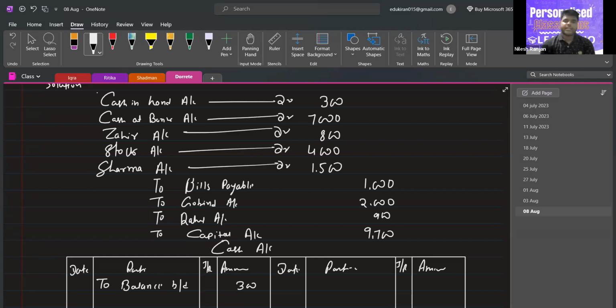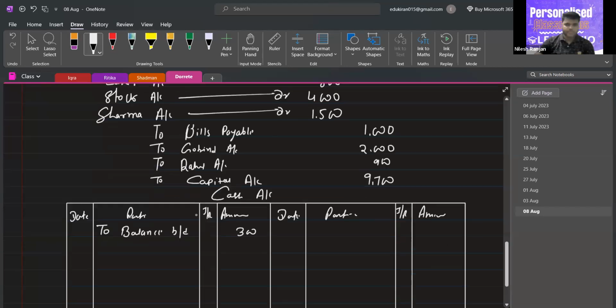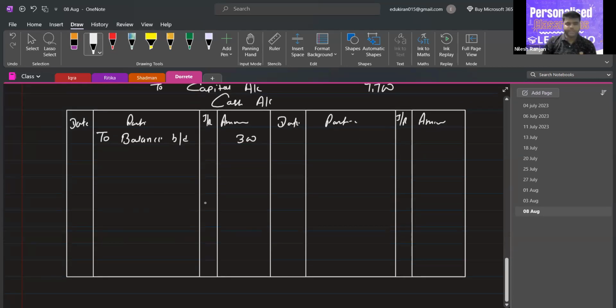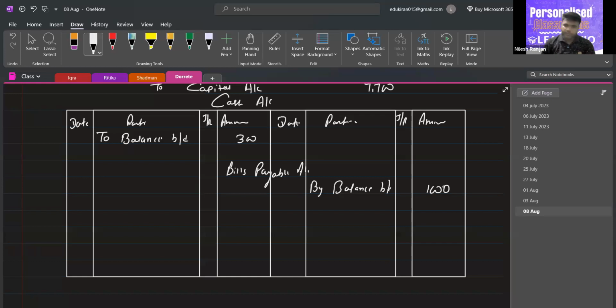Like if we prepare bills payable account, you can see bills payable on the credit side, 1000. So it will be on the credit side by balance BD 1000.